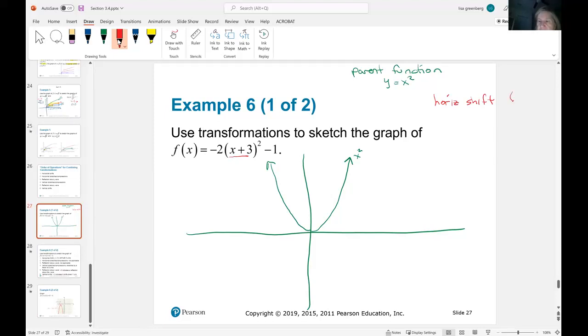So I go left, I go left 3, because it's plus, we go left. So 1, 2, 3. And now my new parabola, pretend these all have the same shape.